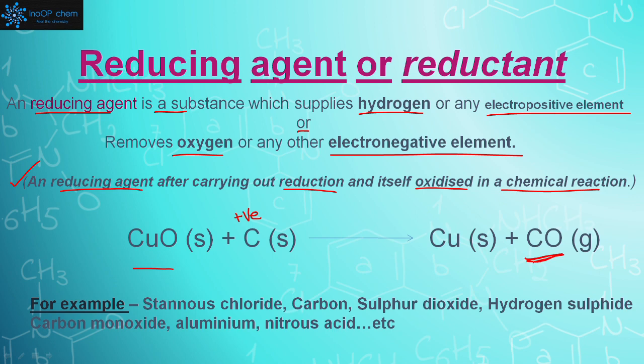So carbon at the same time is reduced and oxidized in this chemical reaction. There are more examples of reducing agents. For example, stannous chloride, carbon, which we discussed here, sulfur dioxide, hydrogen sulfide, carbon monoxide CO, aluminium Al, and nitrous acid, etc.